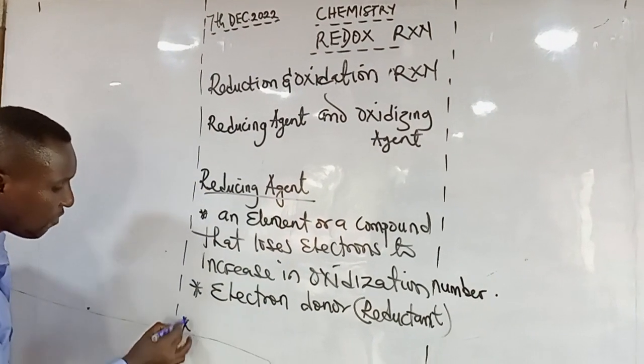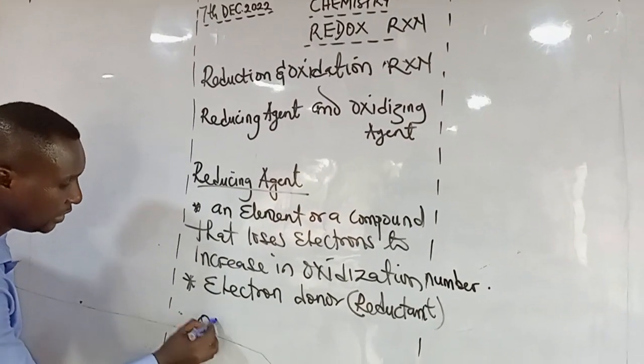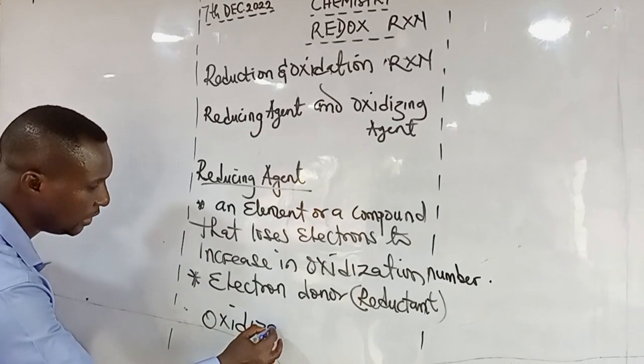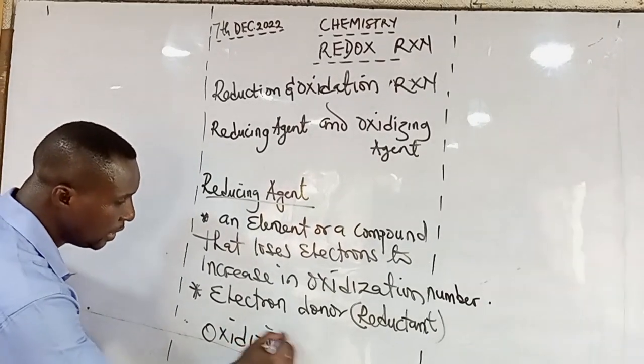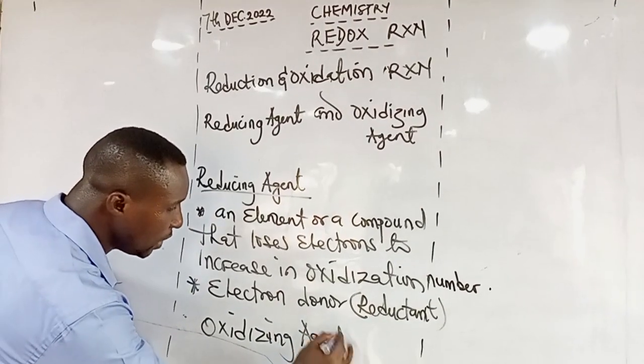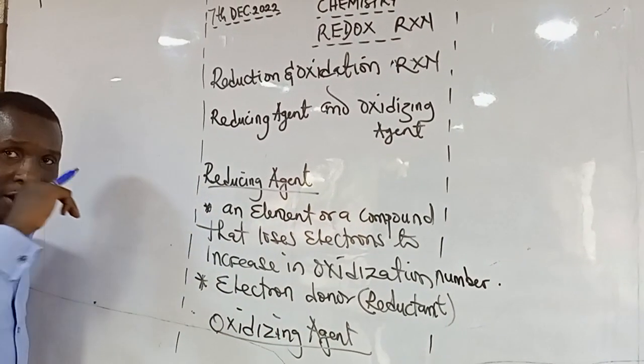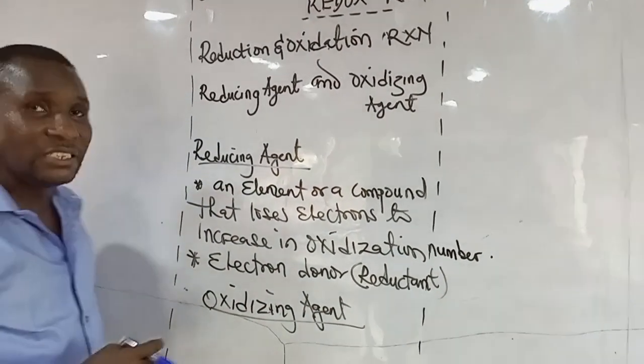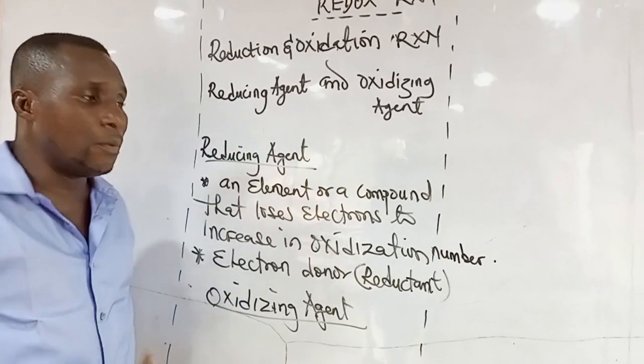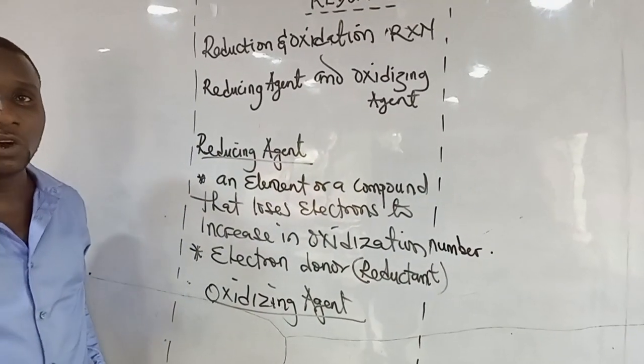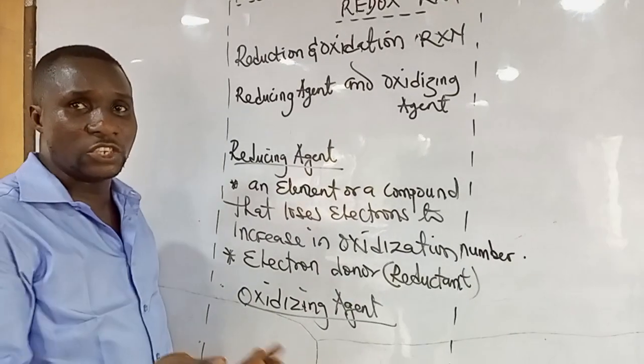Then we have oxidizing agent. What is an oxidizing agent? This could be an element or a compound that gains electron to decrease in oxidation number.